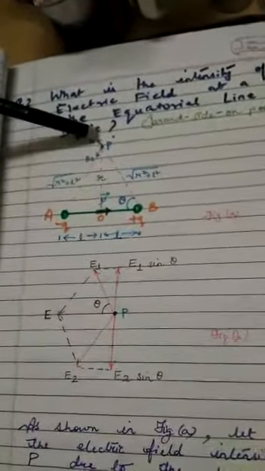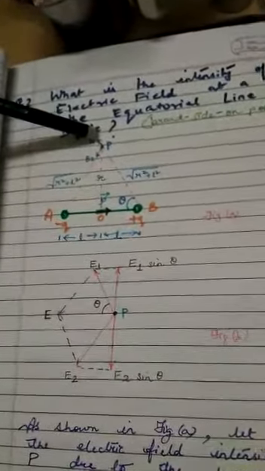Then, on resolving E1 and E2 into the components, E1 sin theta and E2 sin theta are equal and opposite, so they cancel each other. What is left is the cos component, both along the resultant E. So what is the resultant E? It will be the sum of the cos components.